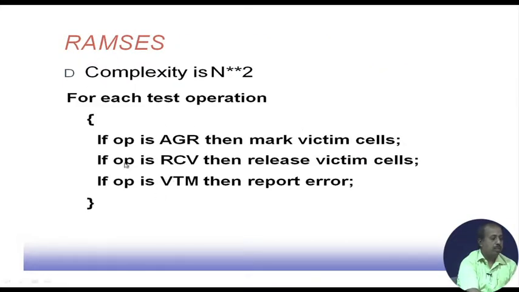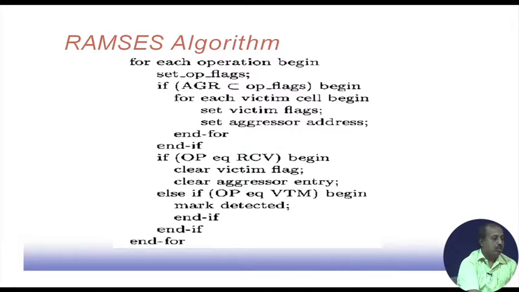You can figure out whether the aggressor part is matching, and if it is, which one is the victim and all that. So, this is the Ramseys algorithm. In detail, it is telling that for each operation, set operation flags.